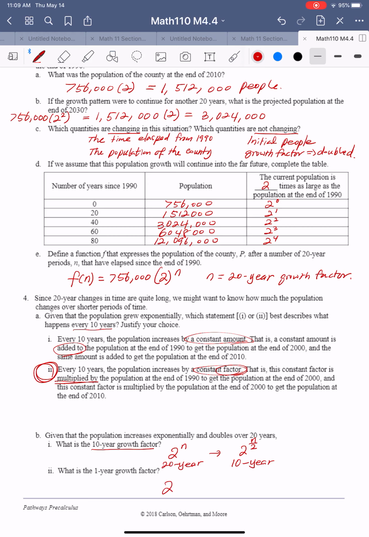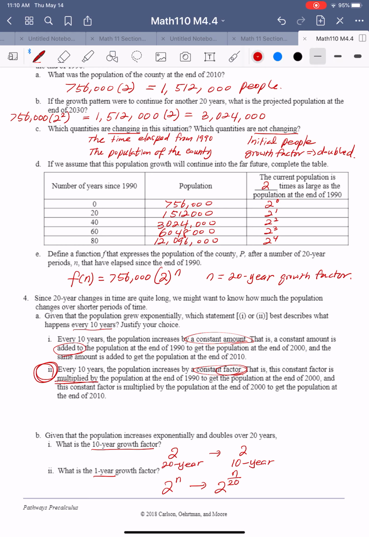It was 20 years, but you need to make the 1-year growth factor, which means there are 20 of the 1-year periods, right? So n divided by 20. So you can plot it this way to get the answers. Instead of 2 to the n, you can just ignore the n and n.